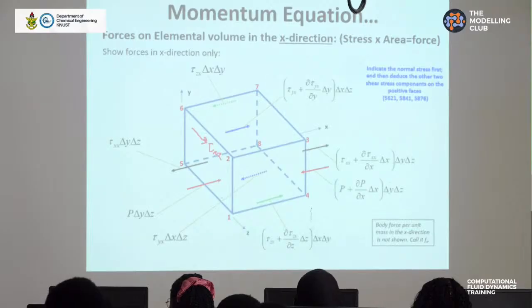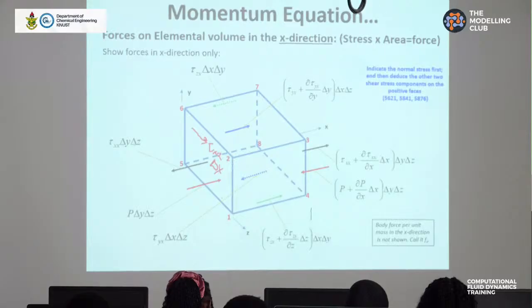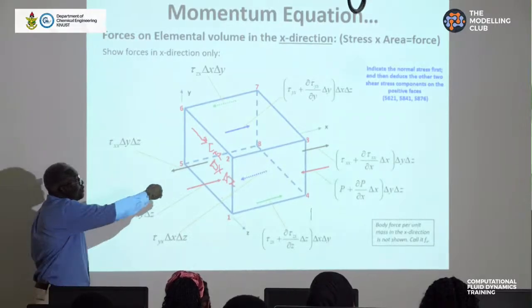So I'm just going to put it down here. Delta x times delta z. Okay, so that is the shear force acting in this plane.